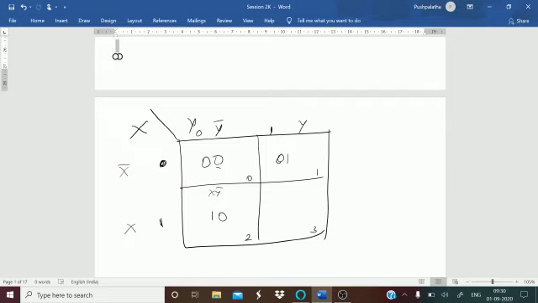And X and Y, that is 1 and 1. You can also say this is M of 0, M of 1, M of 2 and M of 3. This is how you are going to tabulate your K-map.